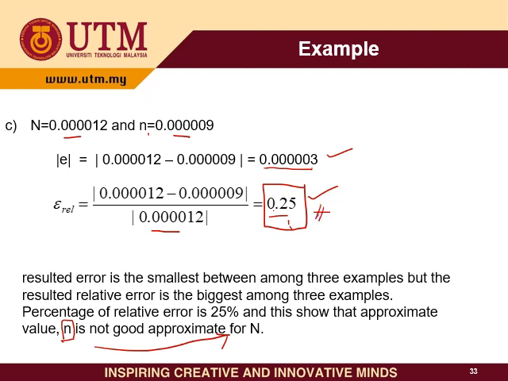If it is small, like in our 2 previous examples, then we can say it is a good approximate for our n. But for this example, the relative error is big, so we can say that it is not a good approximate for n.